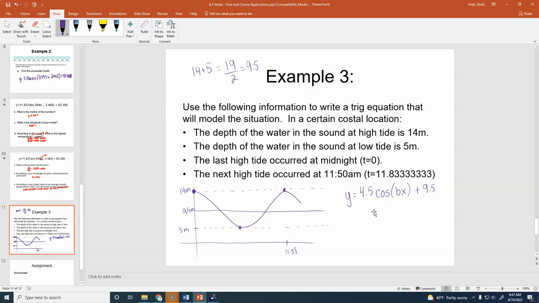We now need the period to be 11.83 repeating. So we're going to say 2 pi divided by b equals 11.83 repeating. To solve this, we would need to multiply both sides by b to get that out of the denominator. So we'll get 2 pi equals 11.83 repeating b. And then we just have to divide by 11.83 repeating.